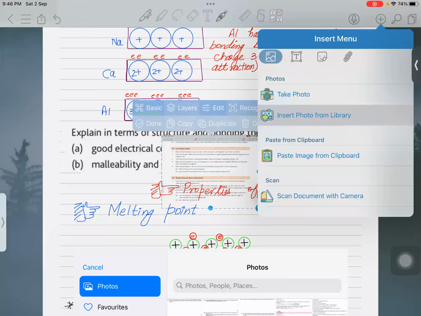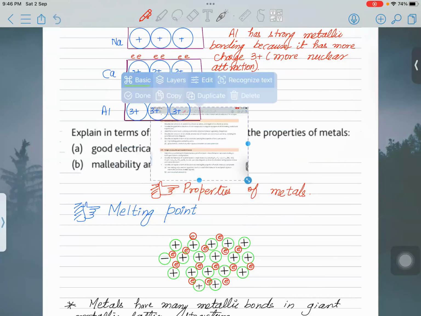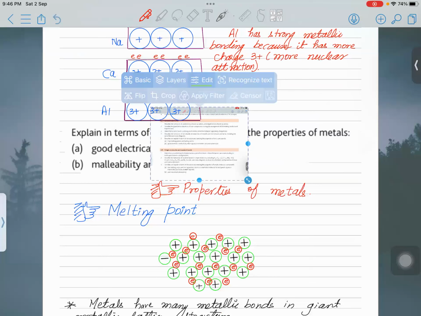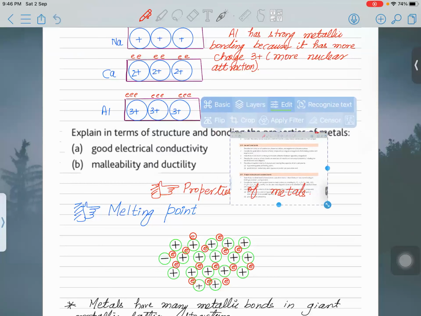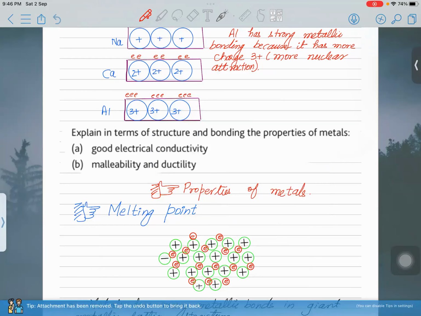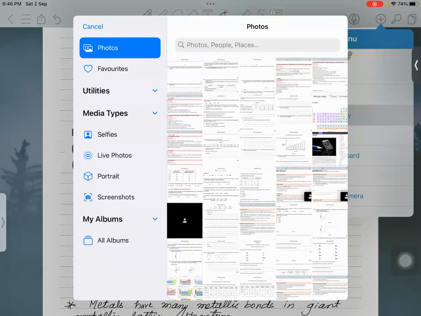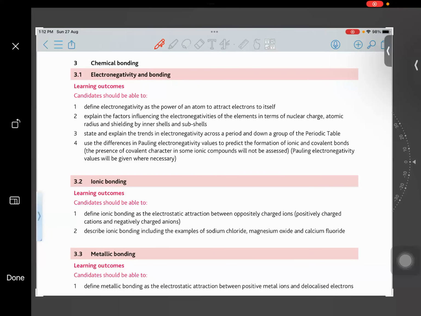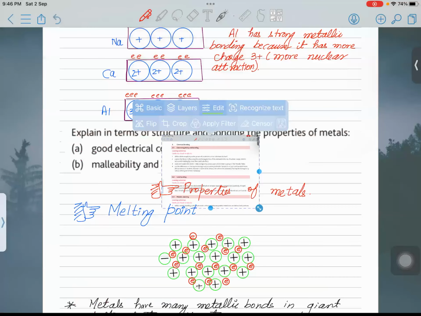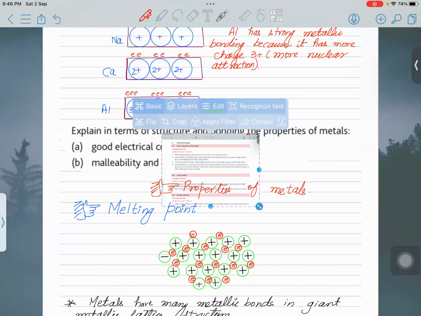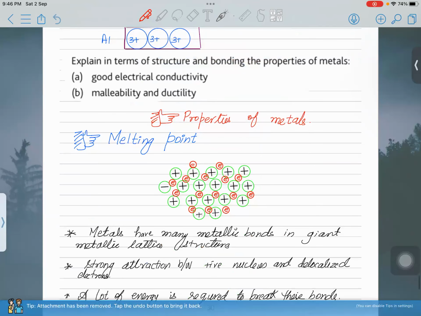Here we have metallic bonding. Sir, how many topics are in this chapter, unit 3?